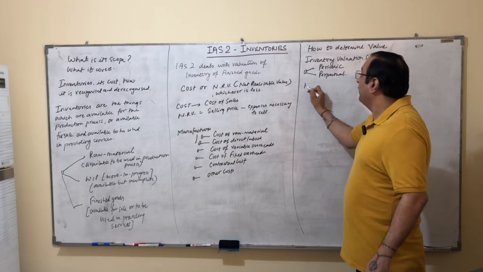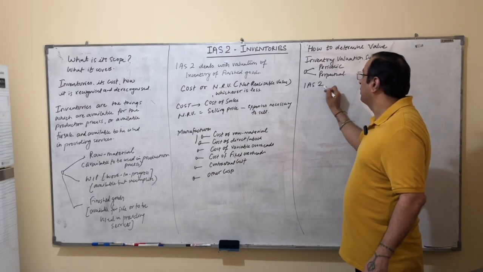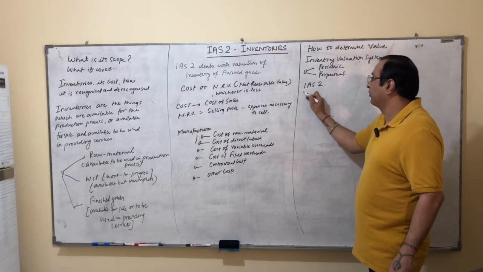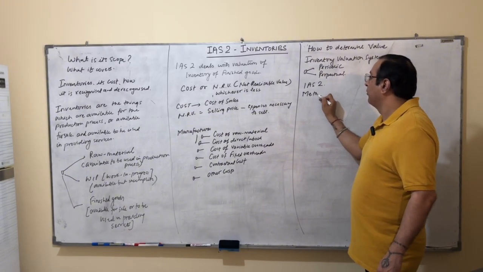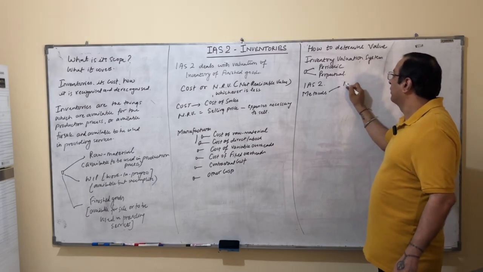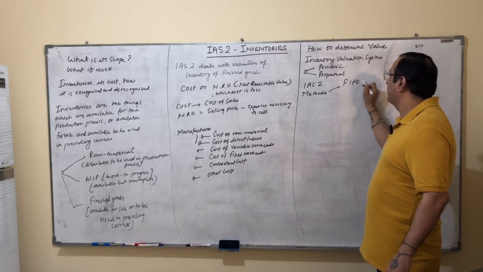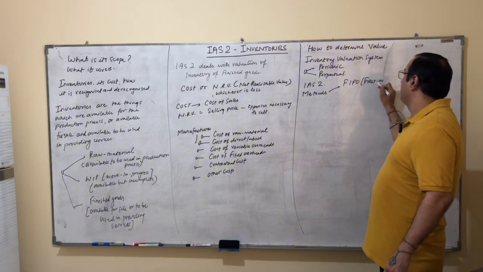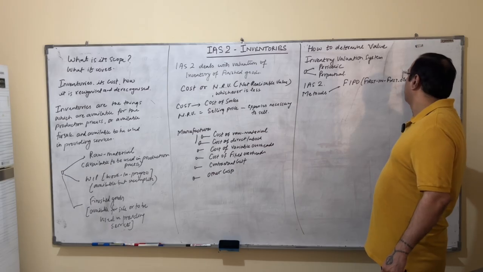But what IAS 2 says is that we have to focus on the methods of valuation of inventory. It says that we have to focus on FIFO. FIFO says first in, first out.